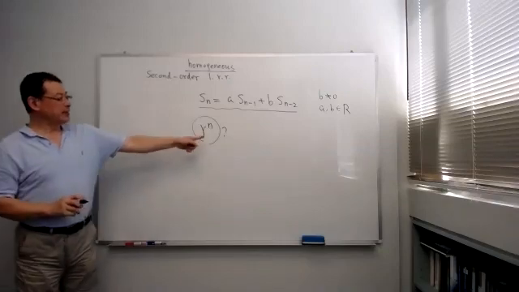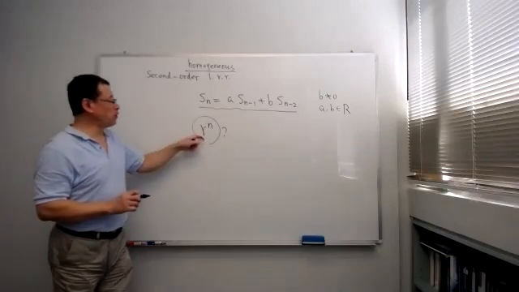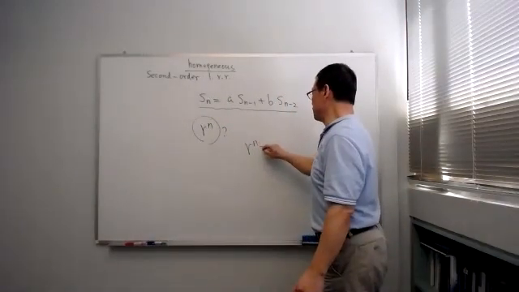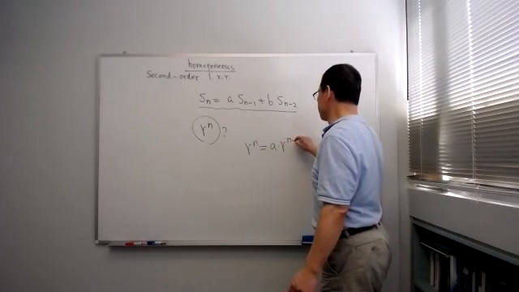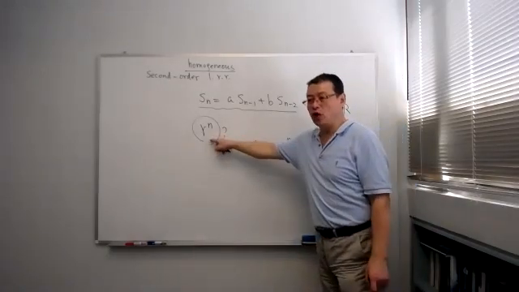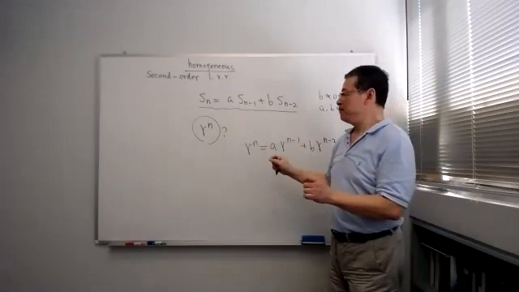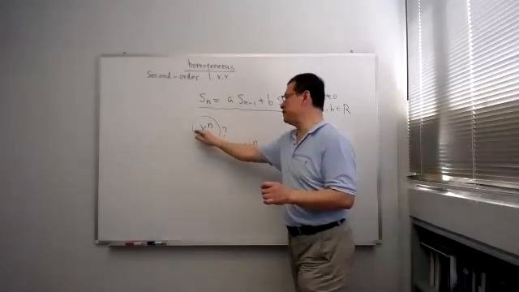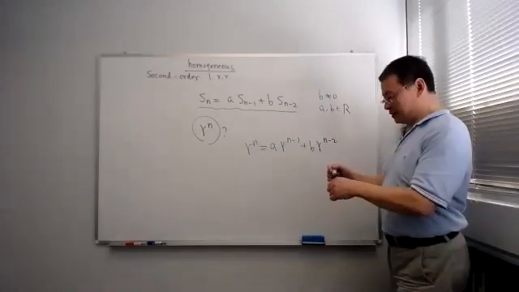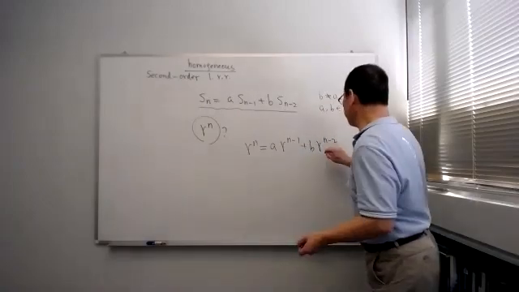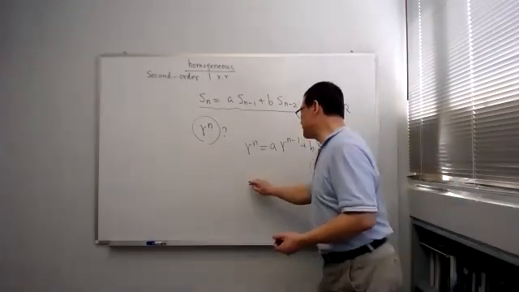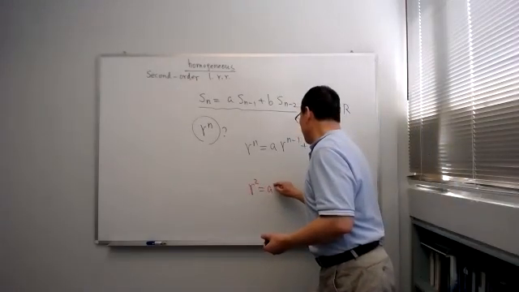Now, in order for this to be a solution, if we plug it in, r will have to satisfy the following relation. I don't mean the exact solution, but if it's of this form, maybe C times something, it must satisfy this equation, right? If we cancel r to the n minus 2 from both sides, what we get is r squared equals ar plus b.